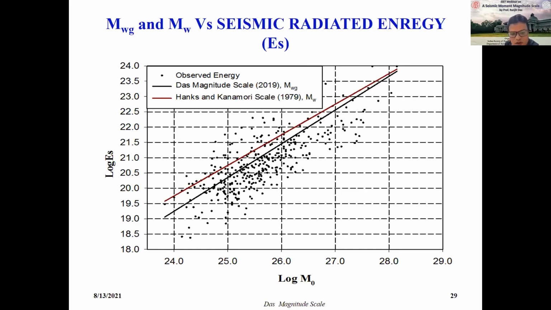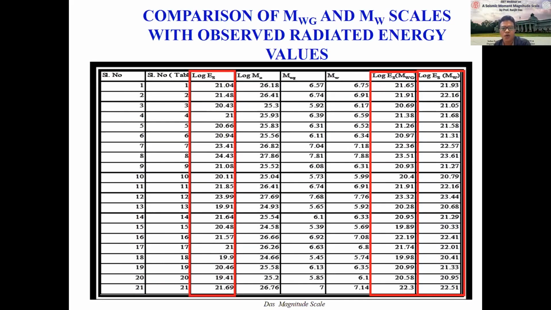Therefore, since this scale is very close to the observed energy of 361 events all over the globe, this is a table which indicates how close it is. This is MwG and this is Mw. MwG and Mw are estimated from the log of moment, and from this MwG we estimated the Es by using this equation, log Es equals 1.5 M minus 11.8.